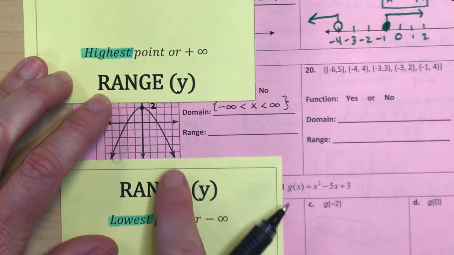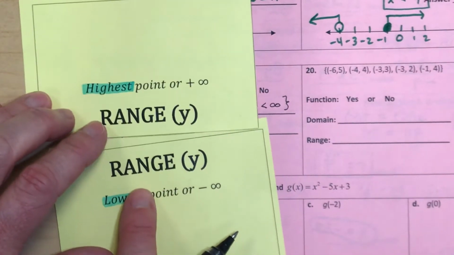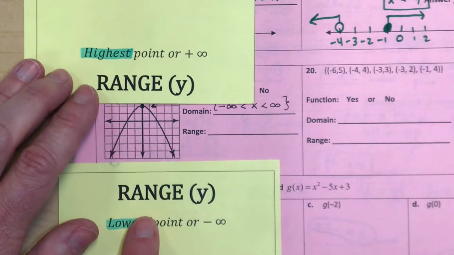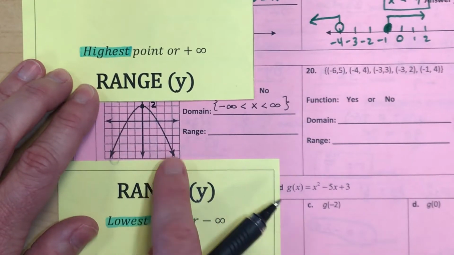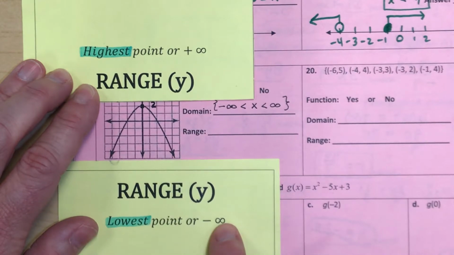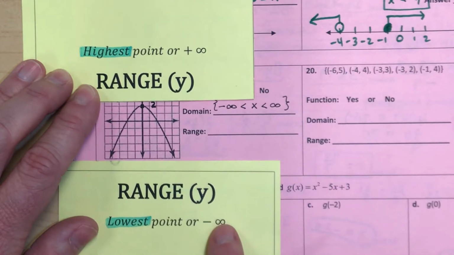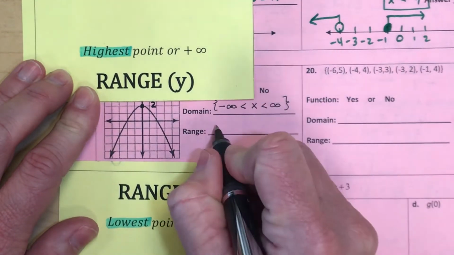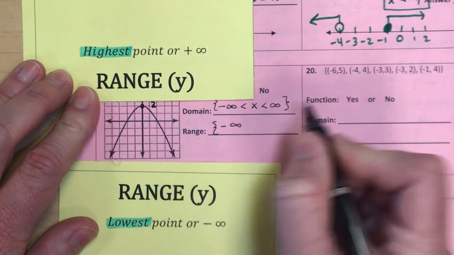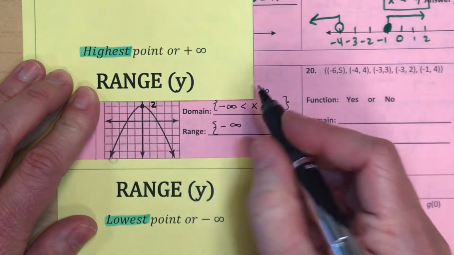And then down here, as I'm opening my curtains or my garage door, because those go up and down, the lowest I see is an arrow, which means it's going to keep going lower and lower and lower, which means negative infinity. So from lowest to highest, I have negative infinity because that's going to continue to go low.